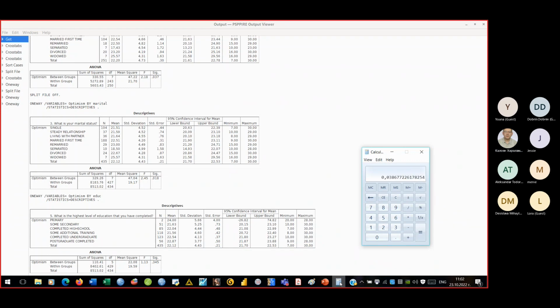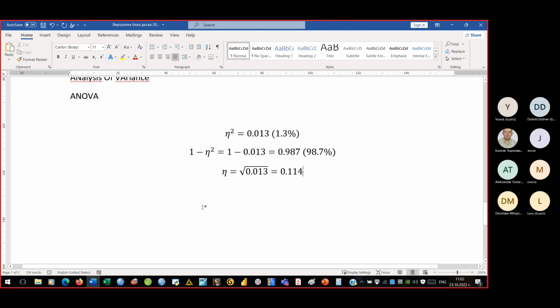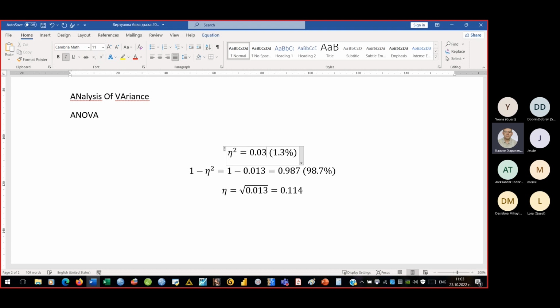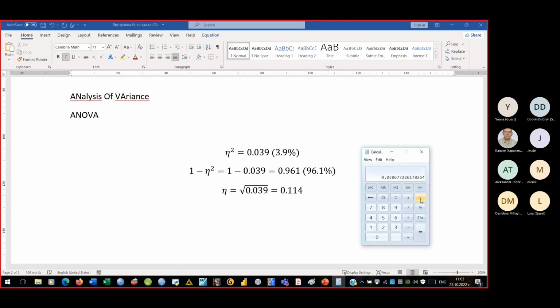The result is 0.39 or 3.9%, and coefficient of determination will be 0.61 or 96.1%, and the correlation ratio will be 0.197.